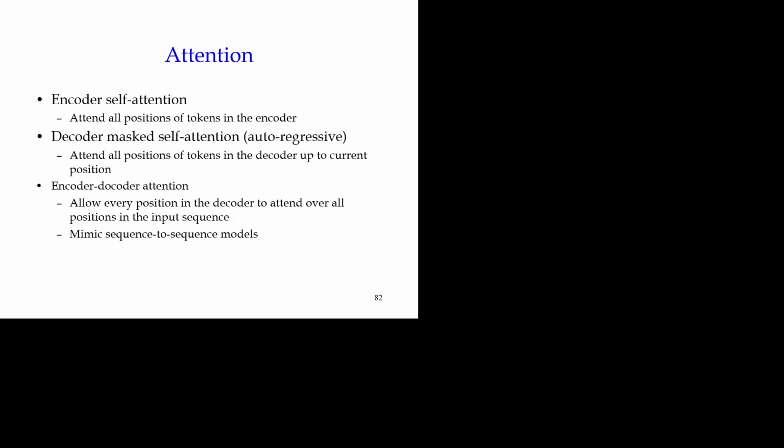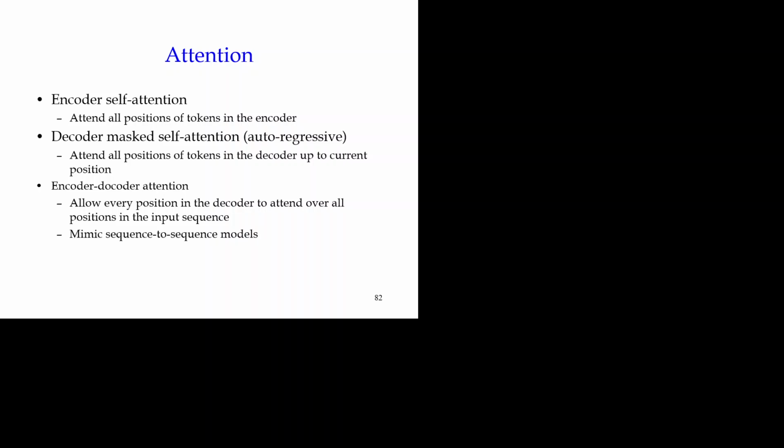The first is the self-attention, and the second is the decoder. The decoder performs the masked self-attention because it has to follow the autoregressive way to generate your next token. I think we already explained this last week. You try to attend to all positions of tokens, but you can only attend to your current token and the previous tokens, but you cannot attend to the next token.